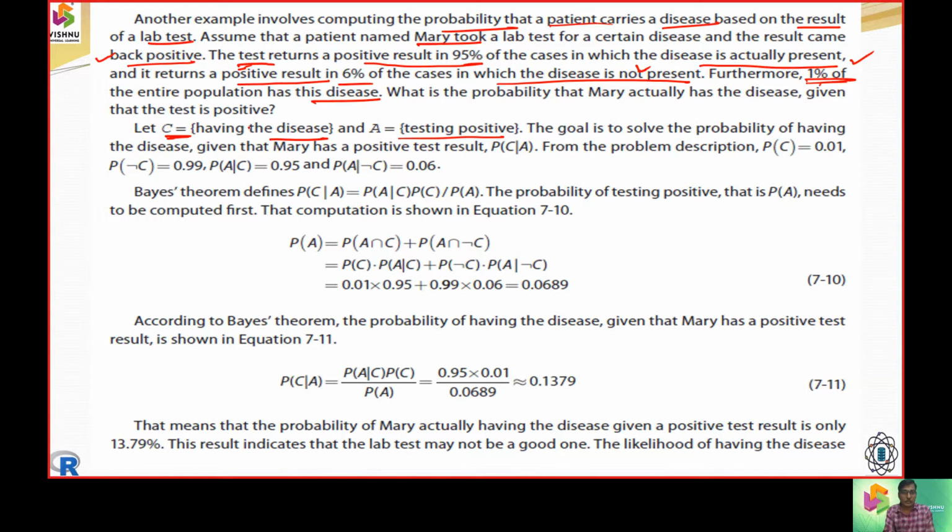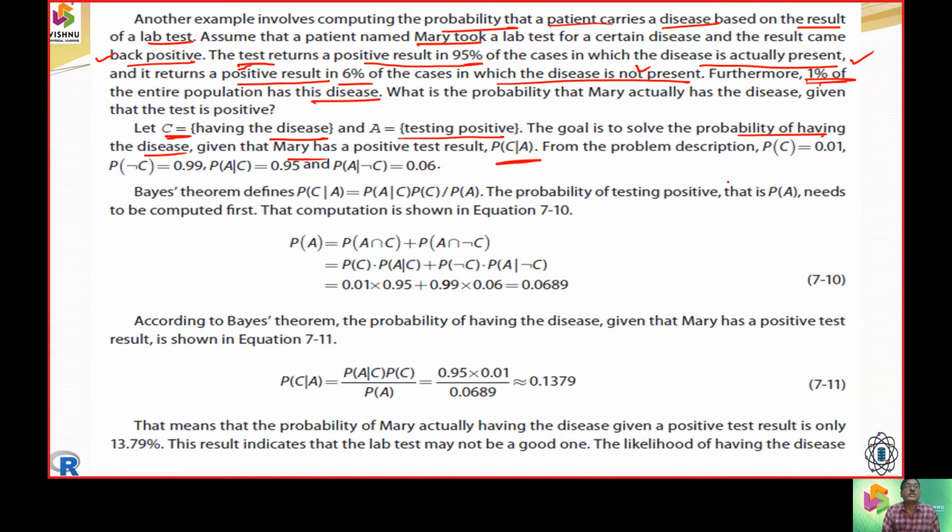So the class we are assigning as C says that the disease is present, and the next one, that the test is positive, we give as A. Now the goal is to find the probability of Mary having the disease given that she has a positive result. That is P of C given A.